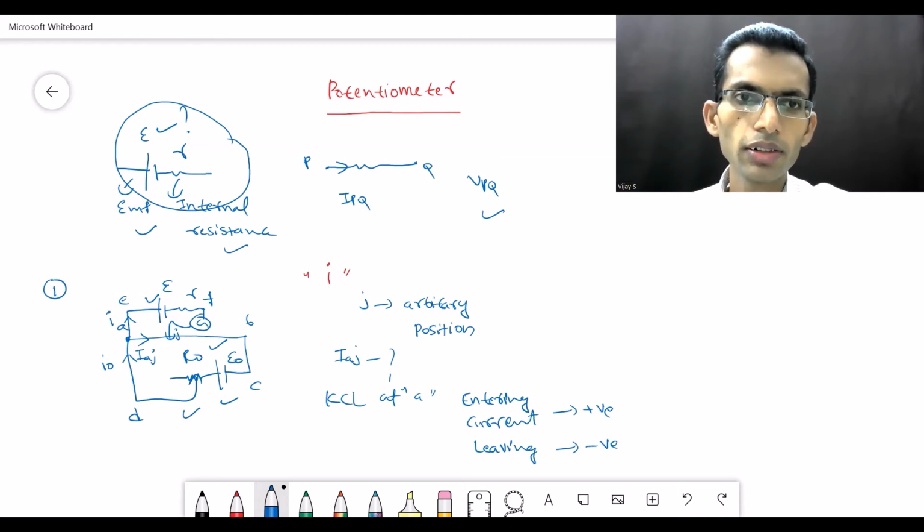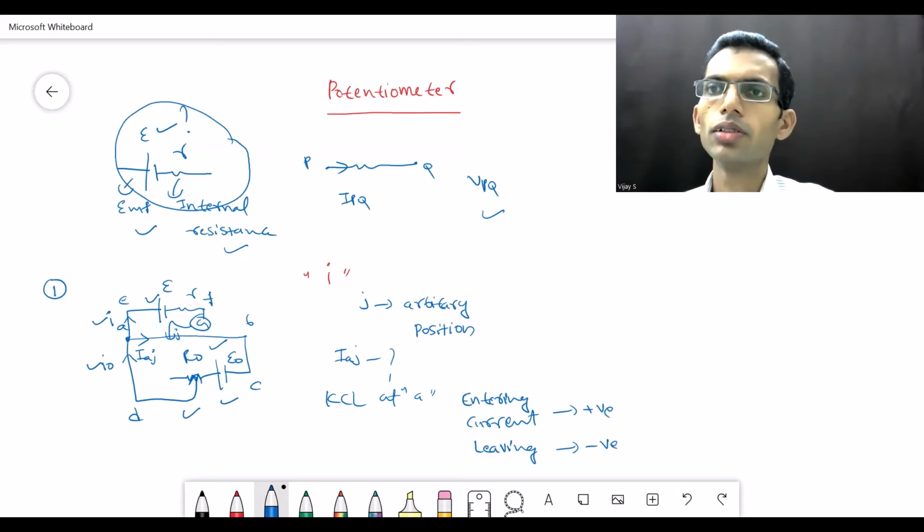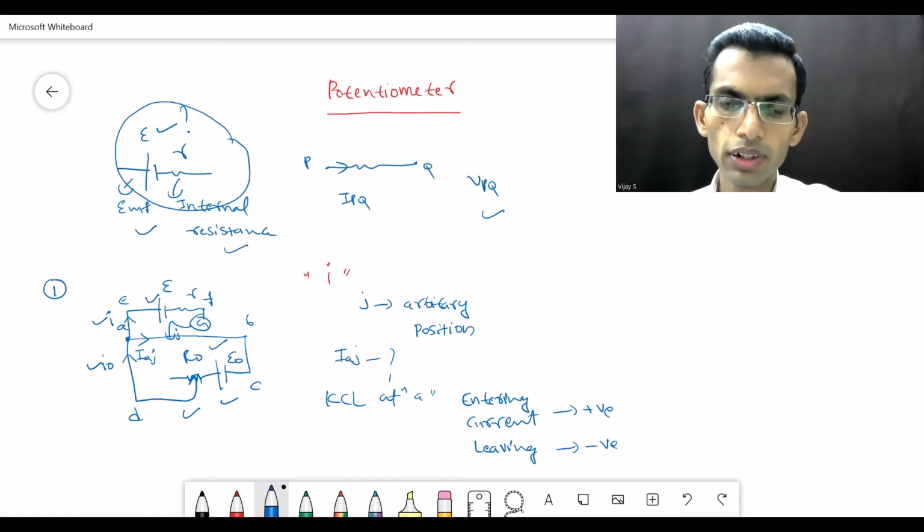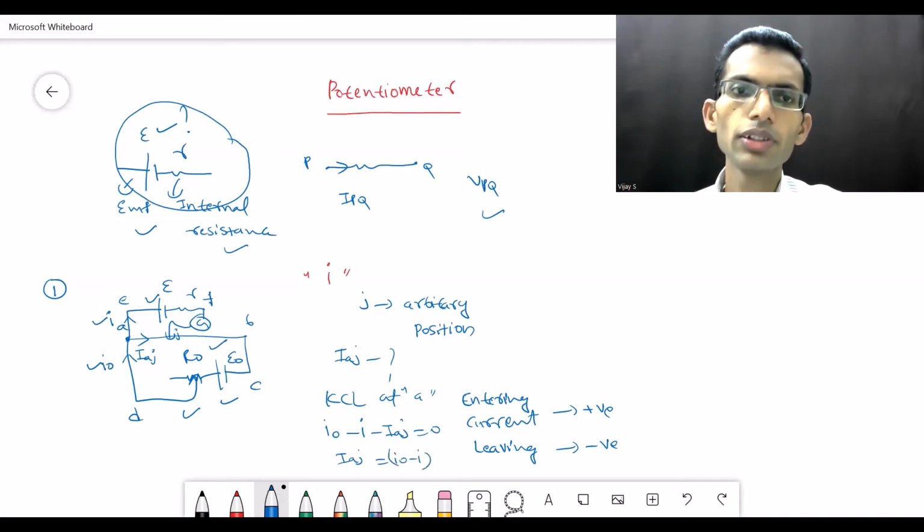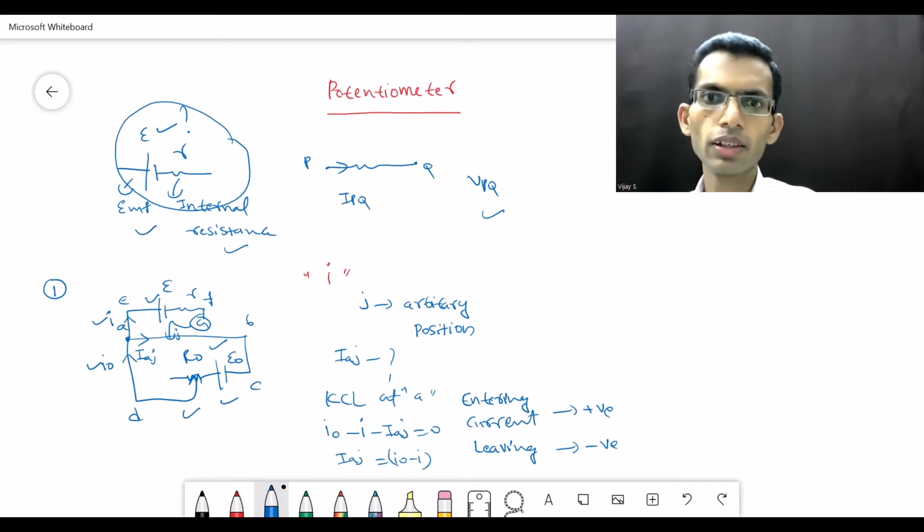Entering current is I0. Leaving current is I and IAJ. As per KCL, algebraic sum must be 0. That means entering current I0 is positive. Leaving currents are I and IAJ. As they are leaving, sign should be negative. Their sum must be 0. So that means IAJ is equal to I0 minus I. This is the current which is flowing from A to J.